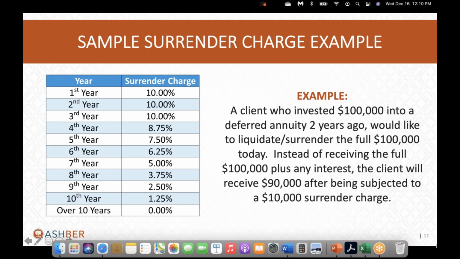If that is the case and you're able to prove that the client has any of those health issues, then some insurance companies, depending on the contract and how long ago it was purchased, will allow the client to waive that surrender charge. So it's definitely important to look at what language exists in the deferred annuity to see if we can get away from any of these early surrender charges or early termination charges for clients.